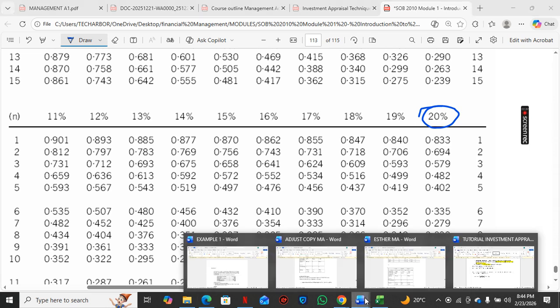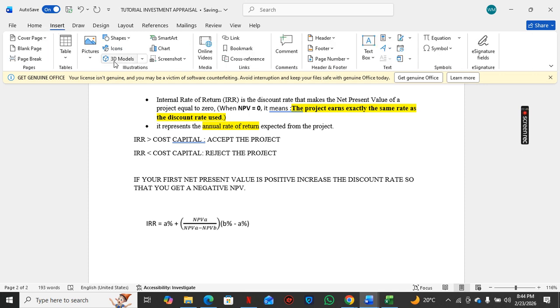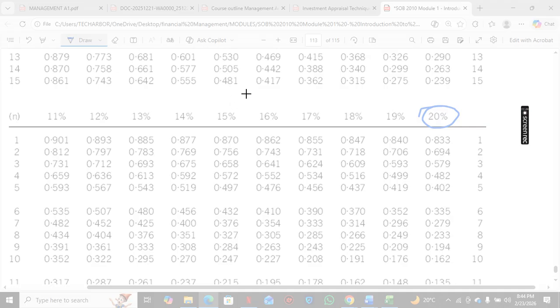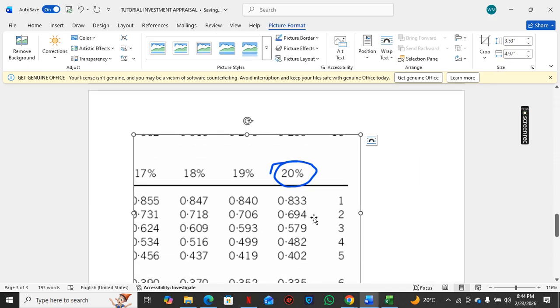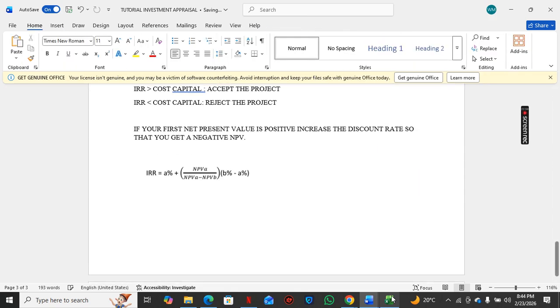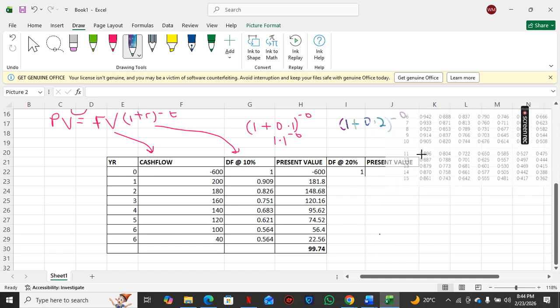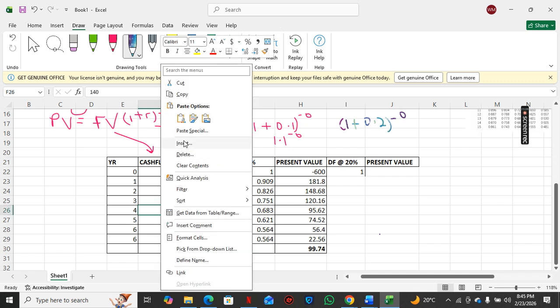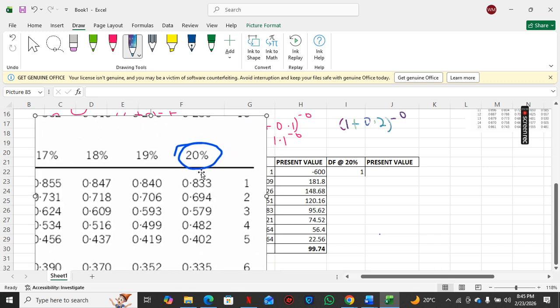Let me just get that to the Excel. So here our discount rate, 20% is our discount factor.